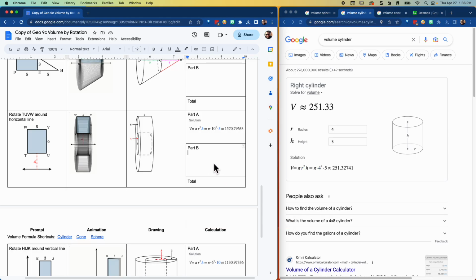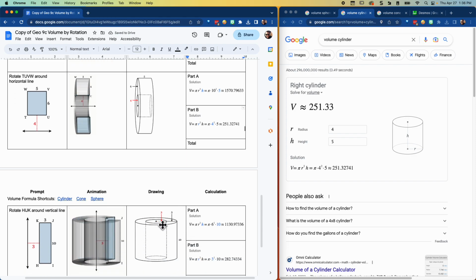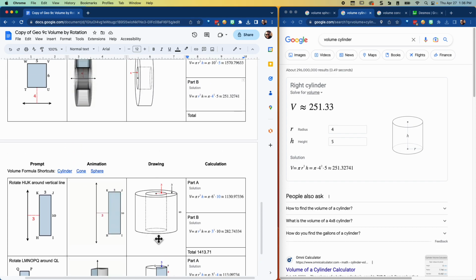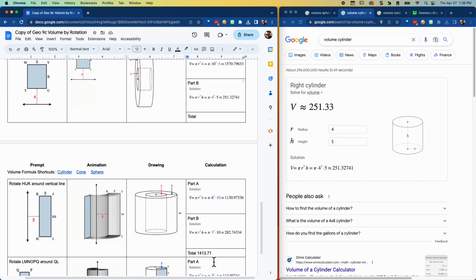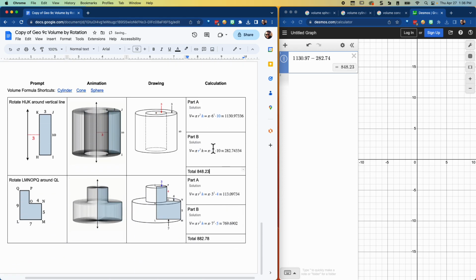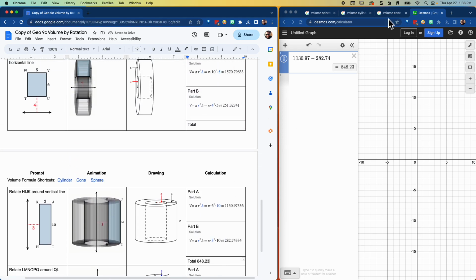I'm just now realizing that I added these 2 cylinders here, but they're not stacked on top of each other. They're intersecting and carving out a hole. So it's not going to be 1,413. Instead, we need to subtract, which gives us 848.23. That would have been more accurate.